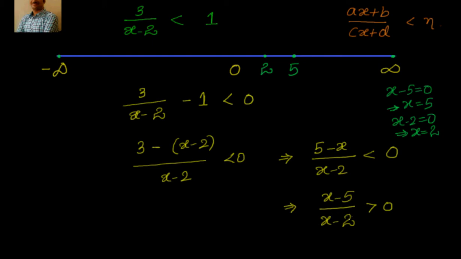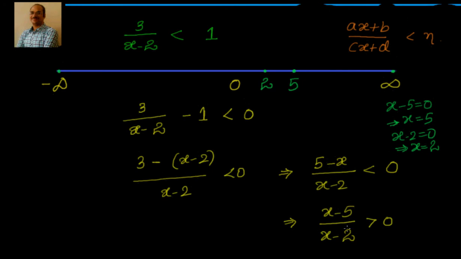Now you can go for randomly checking different values, the trial and error method, and find out which interval works. I have the total number line: minus infinity to 2, then 2 to 5, then 5 to infinity. So I can divide this into three parts.